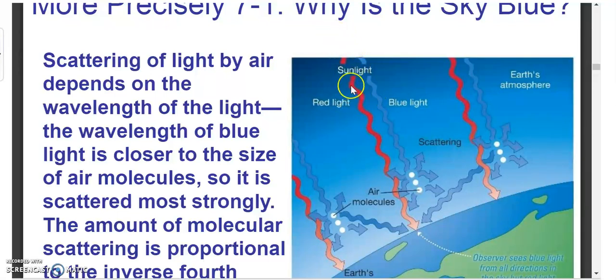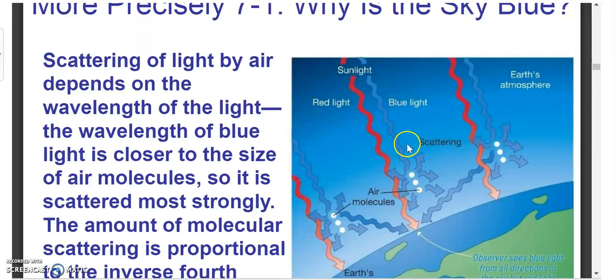So you have all the colors of the rainbow coming into the atmosphere, of course, from the sun. And what happens is because of the contents of the atmosphere, which is mostly nitrogen molecules, N2, two nitrogens bonded together, and the size of those molecules, the blue light tends to bounce around more frequently than any of the other colors.